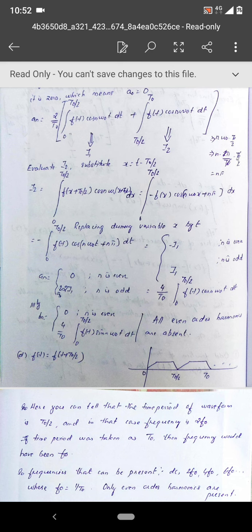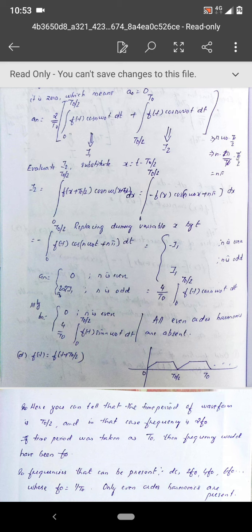Outside you have a minus sign. So when n is even, the integration will be minus the integral from 0 to t naught by 2 of f of t cos n omega naught t dt. We started with I2, so this integration is nothing but I1, and outside you have a minus sign. So that is why we have minus I1 when n is even.